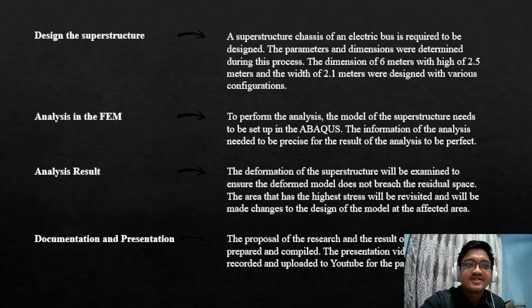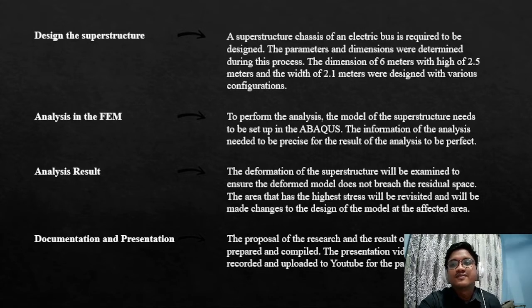The dimensions of 6 meters in length, 2.5 meters in height and 2.1 meters in width were designed with various configurations. The passenger capacity is estimated at 36 people, and the weight of the bus is 6 tons. For the structure, hollow section steel material of 50 millimeter width and 3 millimeter thickness is used. The material property of the structure is steel.